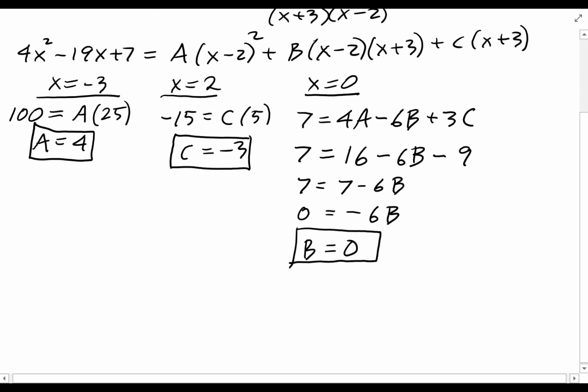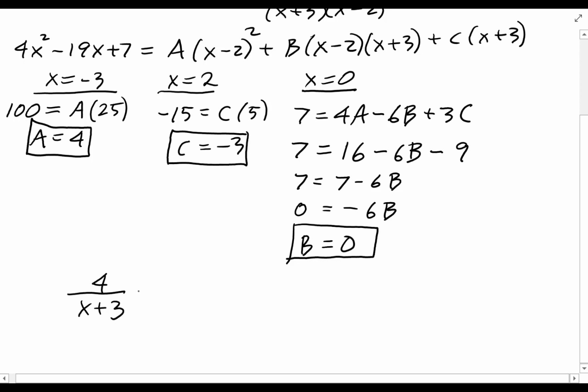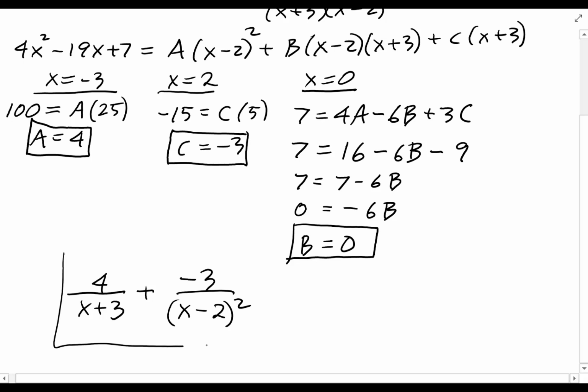When I do plug those numbers in, I'm going to get 4 over x plus 3 plus negative 3 over x minus 2 squared. That b over x minus 2 is going to disappear because b was a 0. So this is how things are going to split apart. And that's my final answer.